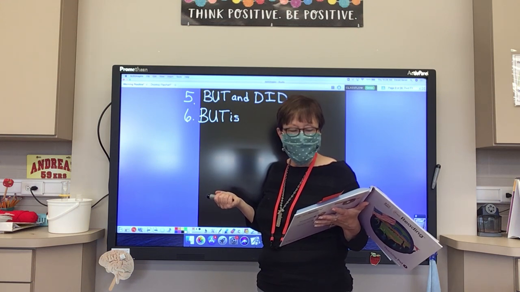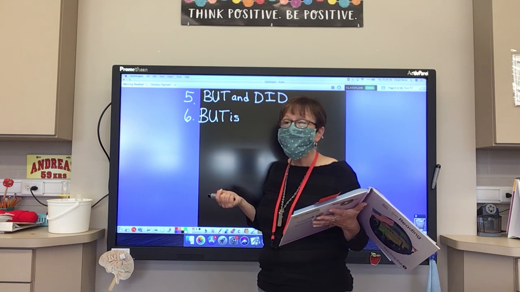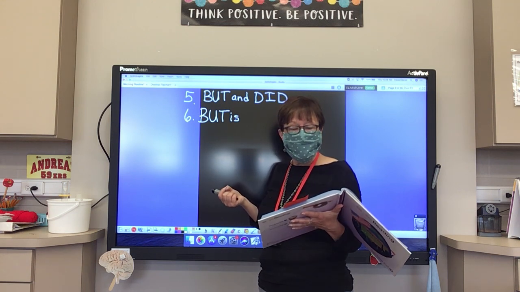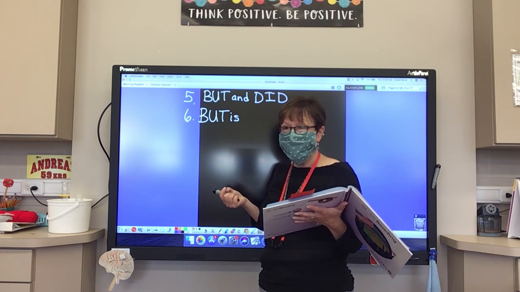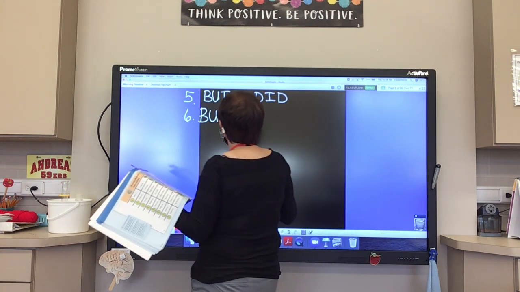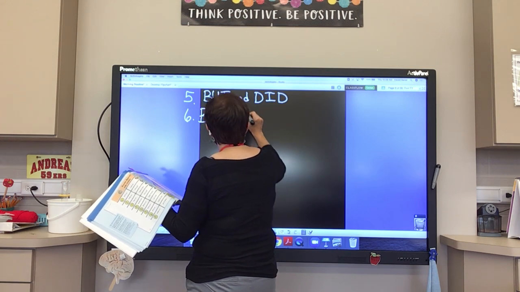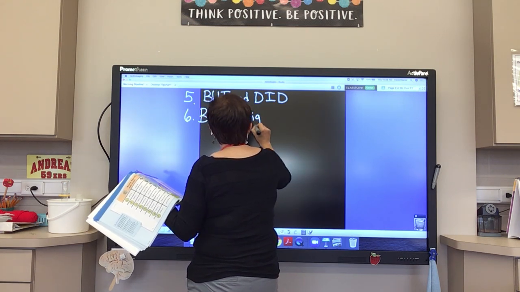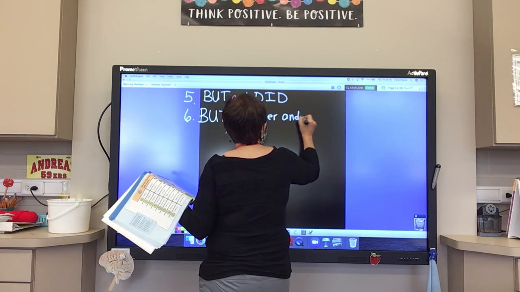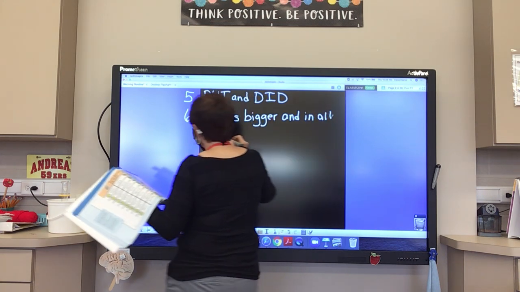How is it written different? Does it look the same as all the other words? Okay, it's all in capitals. Anything else about it? Is it the same size? No, so it's bigger and it's all in capitals. So let's write, but is bigger and in capital letters.